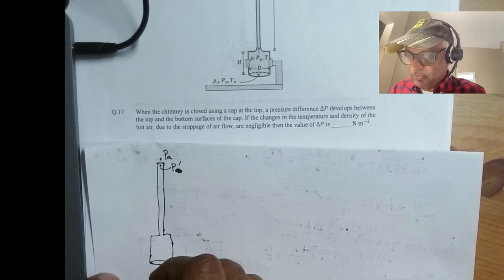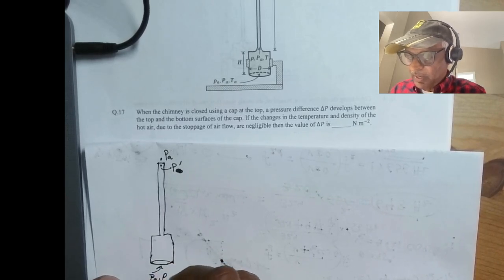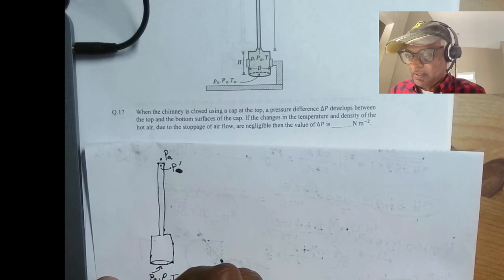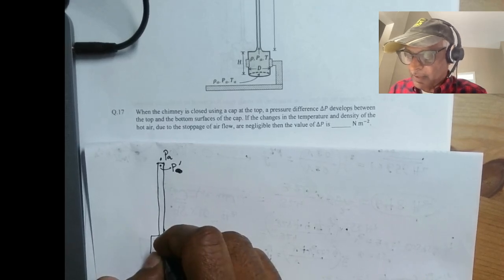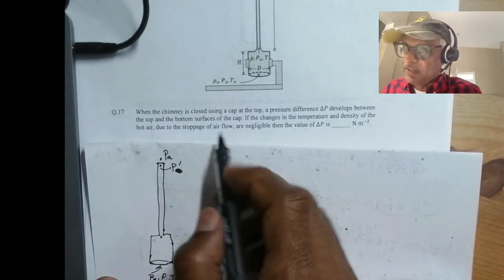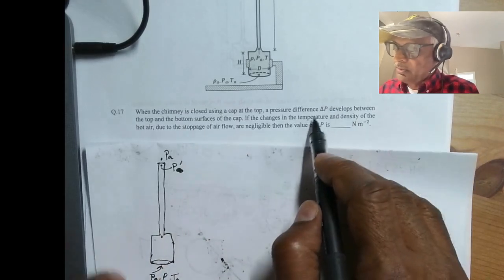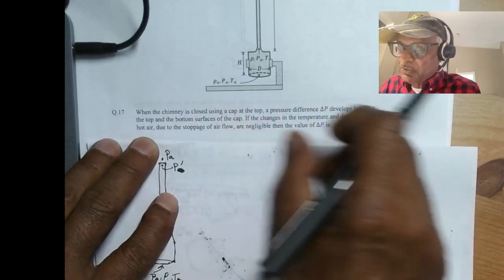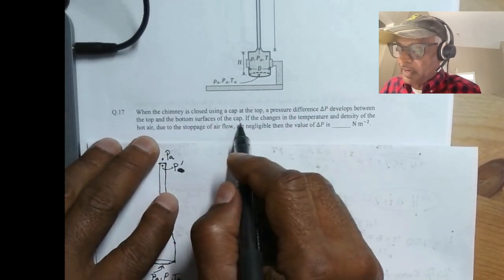And it's still here is PA, rho A, T, A, and over here, so the pressure difference develops between the top and the bottom surface of the cap.